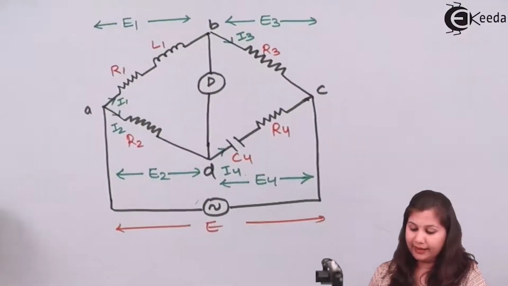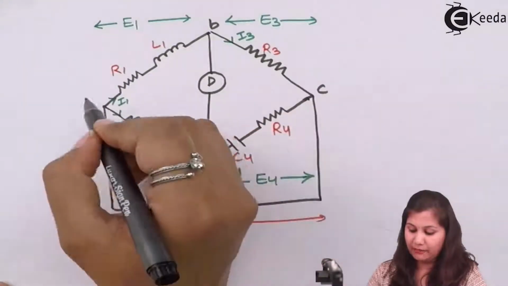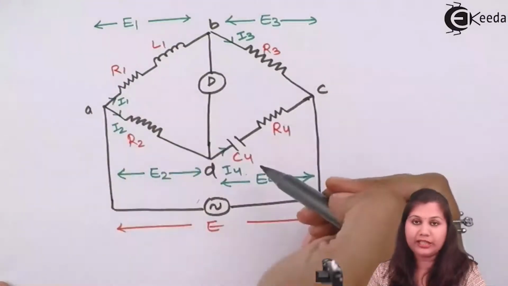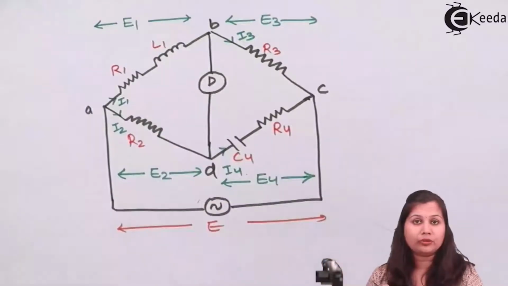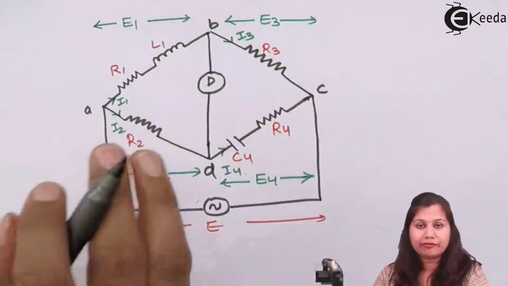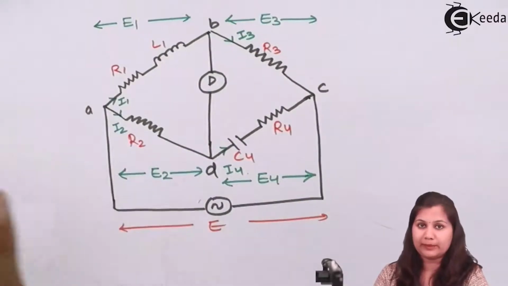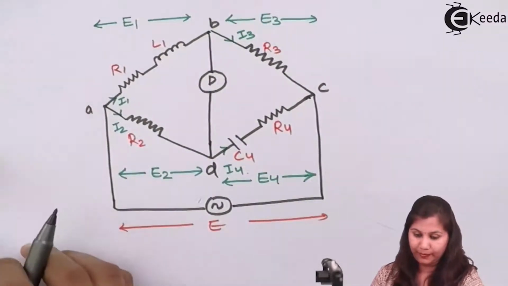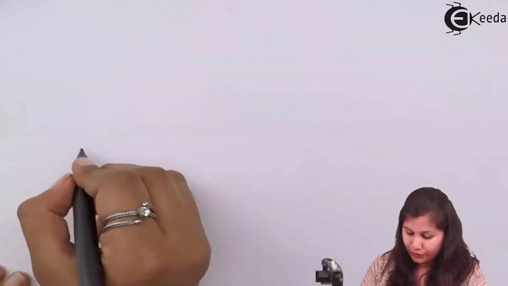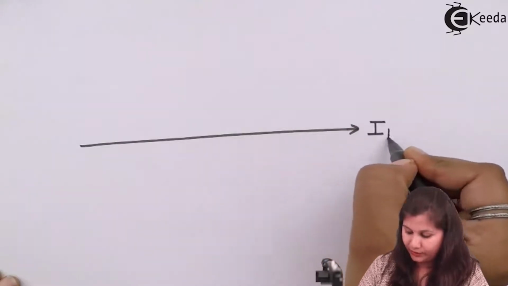In the circuit diagram, you can see that we have the currents in the respective arms as I1, I2, I3 and I4. Now we have to take one phasor as a reference phasor. So we will take the current I1 as our reference phasor, and all the other vectors will be drawn with respect to this. First we will draw the I1 phasor.